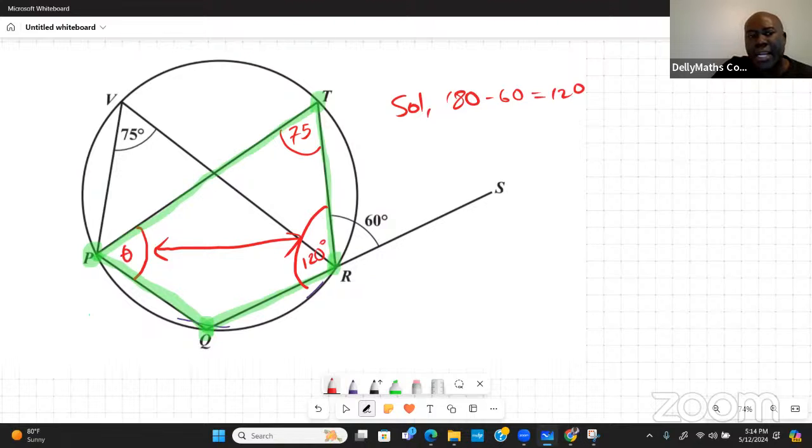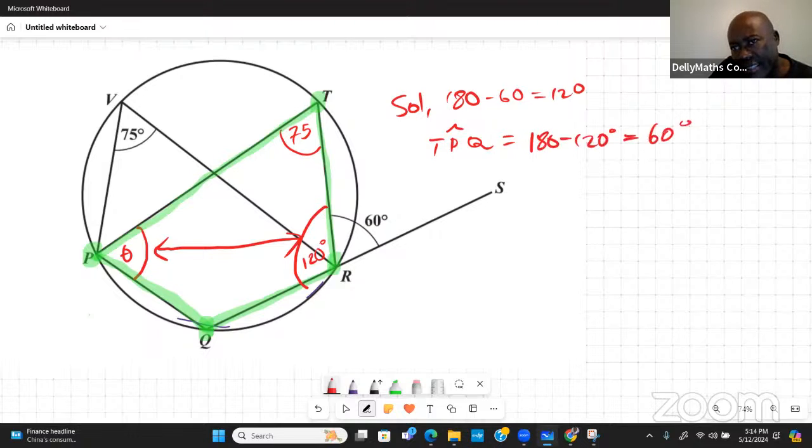I need this angle here, which is TPQ, right? Now, if you take a look at TPQ and the angle at R, they are opposite angles in a cyclic quad. They do add to give 180 degrees. So it's going to be 180 minus 120 degrees here. And then the answer for this is 60 degrees.